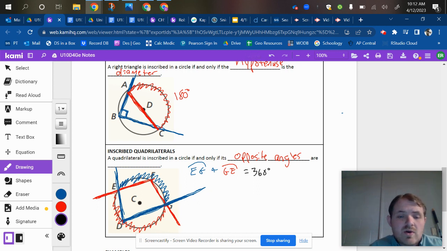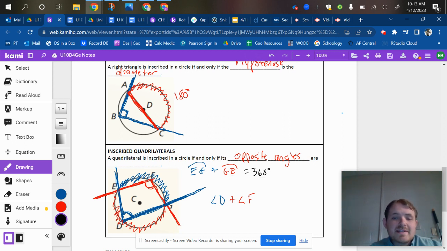But then what do we know if this angle down here, this blue angle, is half of that arc, and we know that the red angle is half of the red arc, then hopefully we should see that angle D plus angle F at the top there, if those are both cut in half, if I divide by 2, I would have to divide this by 2.